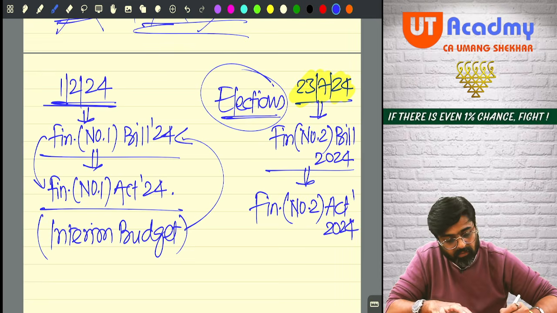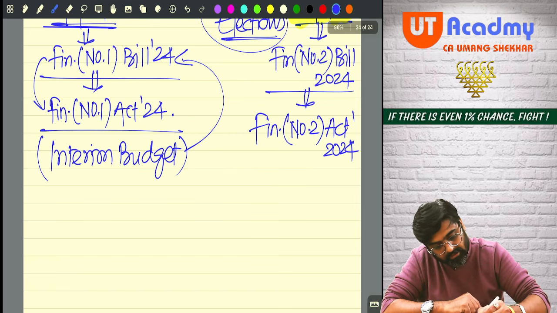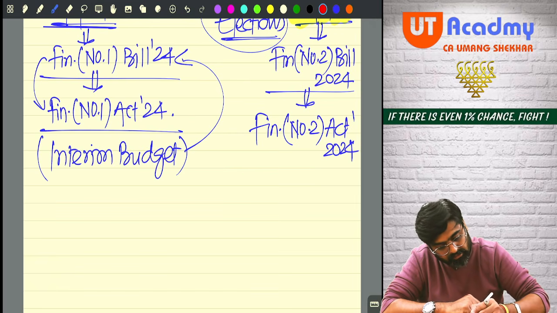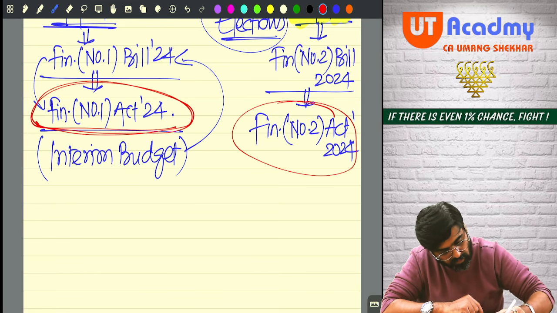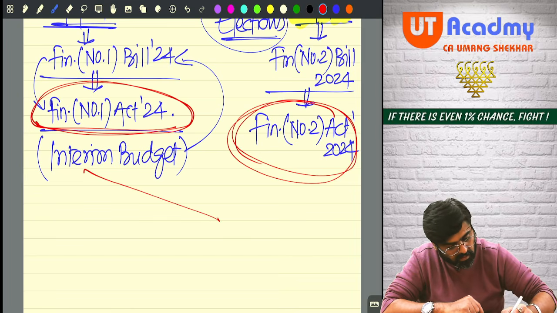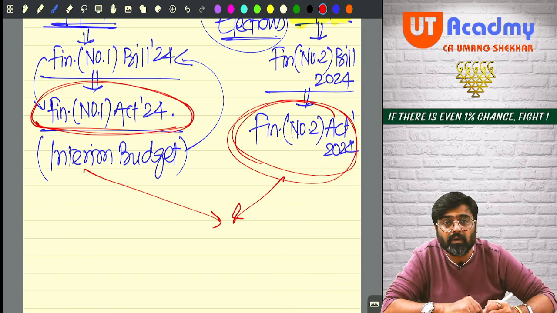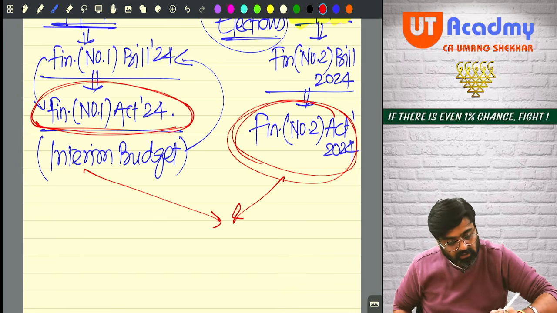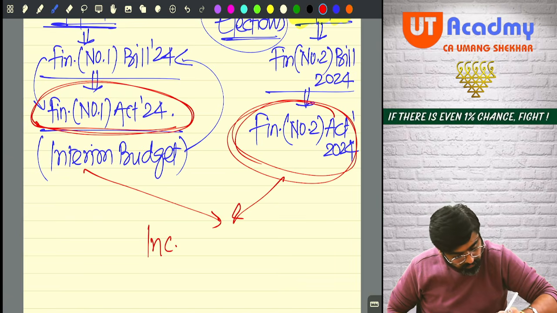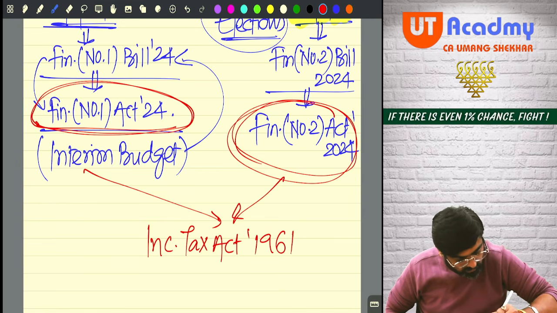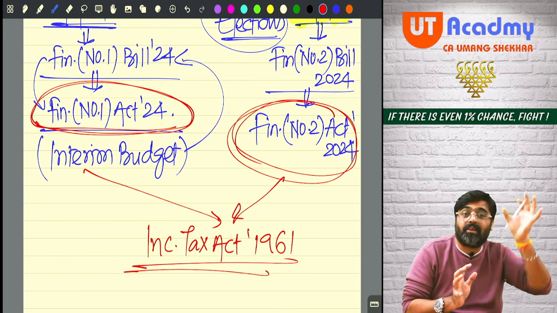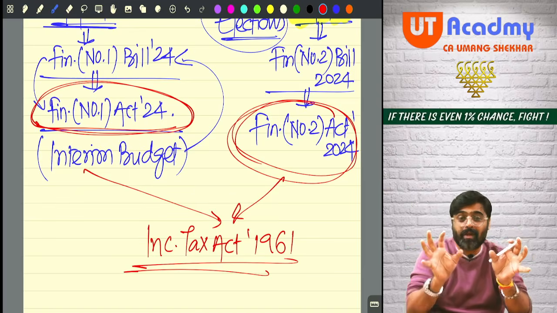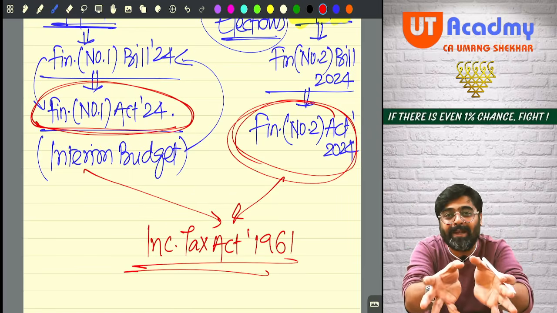And you won't believe, the Income Tax Act, what did I say? Income Tax Act as amended by Finance Act 24. The amendments from these two finance acts in the Income Tax Act 1961. We are supposed to learn the Income Tax Act 1961 as amended by Finance Act number 1 and number 2 of 2024.